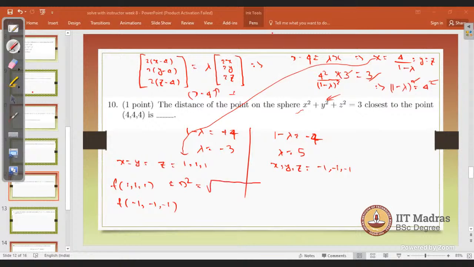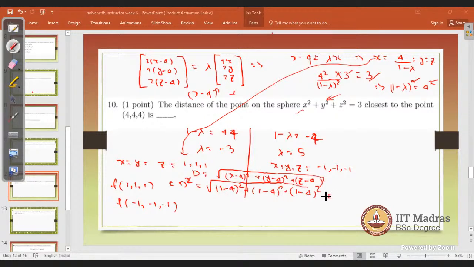So distance will be something in this shape: x minus 4 square, x minus 4 is nothing but 1 minus 4 square, plus y minus 4 square, plus z minus 4 square, because d equals x minus 4 square plus y minus 4 square plus z minus 4 square.